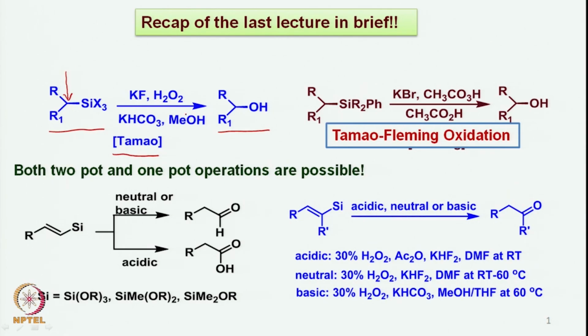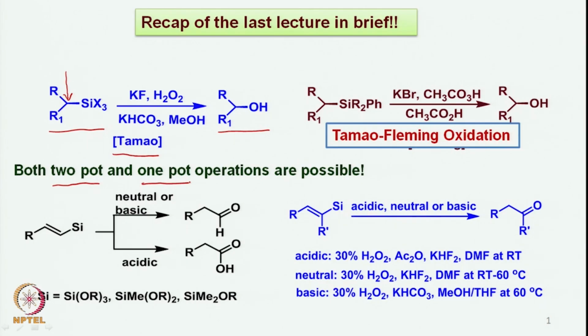In Tamao's condition we have 3 different types of conditions. On the other hand, the Fleming oxidation involves 2 types of possibilities as we discussed. One is a 2-pot reaction, and the other one is a 1-pot operation or reaction.